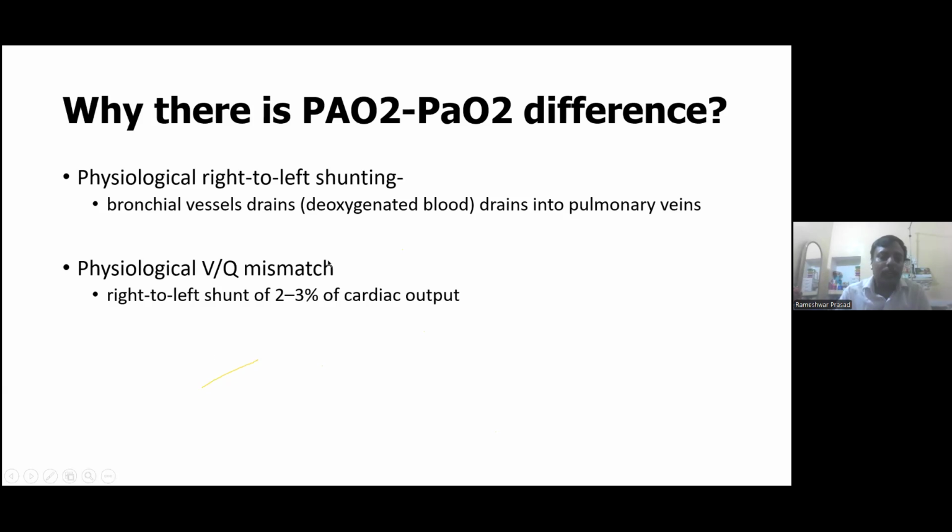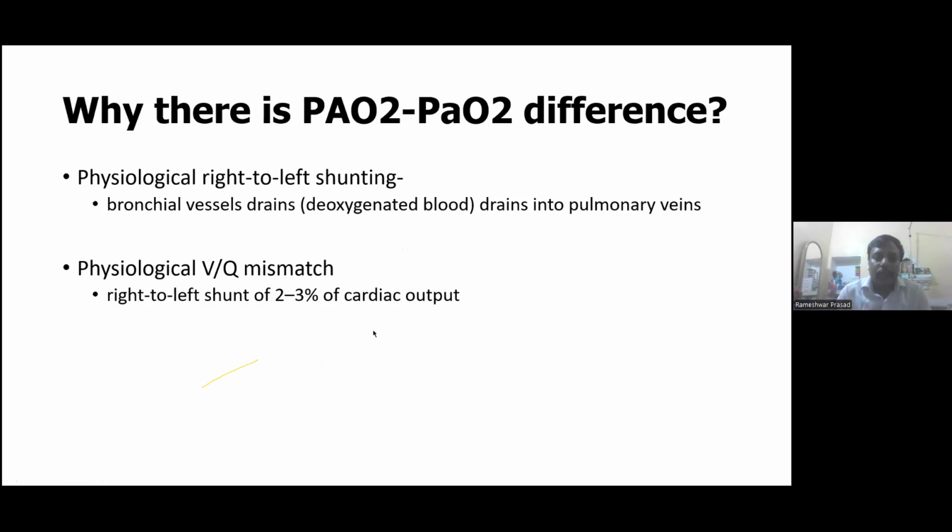Second cause is that some 2 to 3% of cardiac output goes into right to left shunt. That means whatever cardiac output goes through pulmonary arteries to the pulmonary circulation, some of that circulation is wasted.